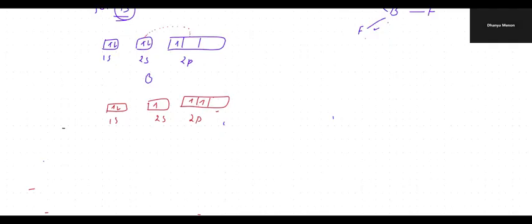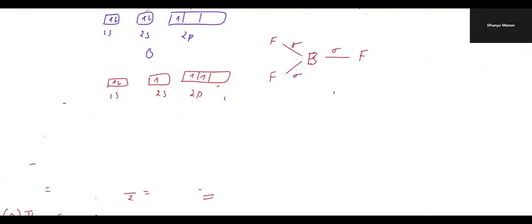With these 3 unpaired electrons, boron can form 3 sigma bonds, one with the first fluorine atom, and the second and the third fluorine atom, 3 single sigma bonds. Let's check out between which orbitals the bonding has taken place.